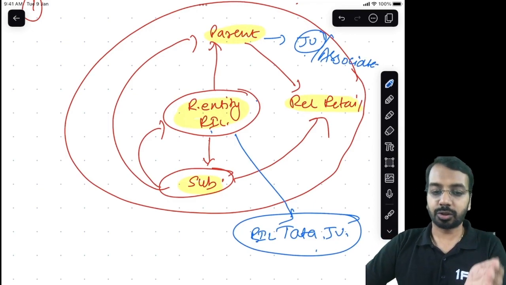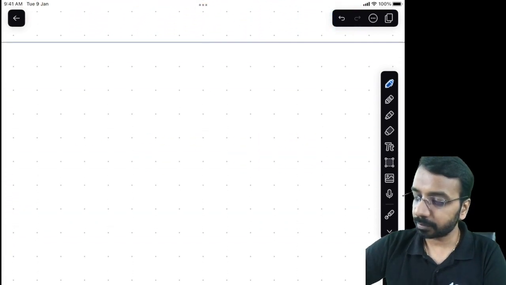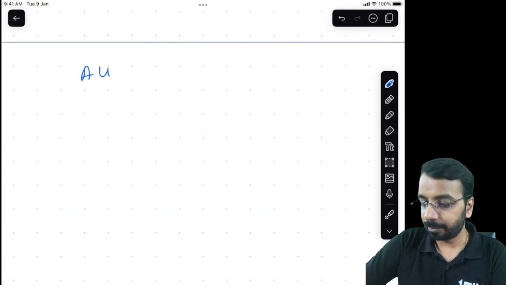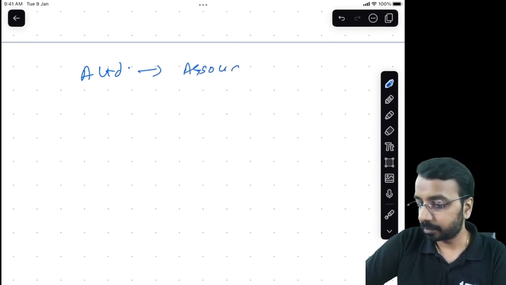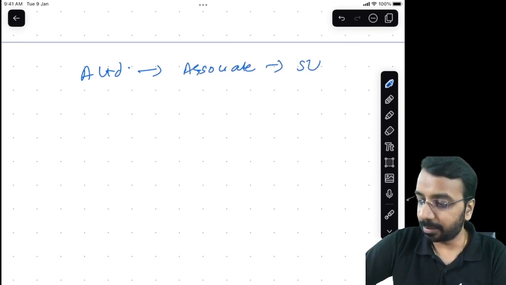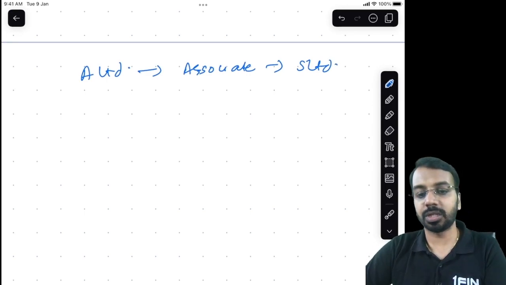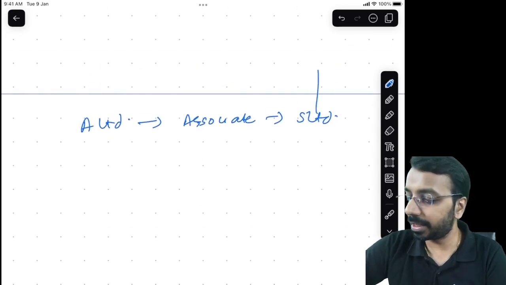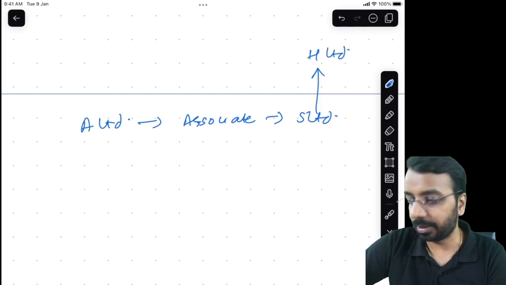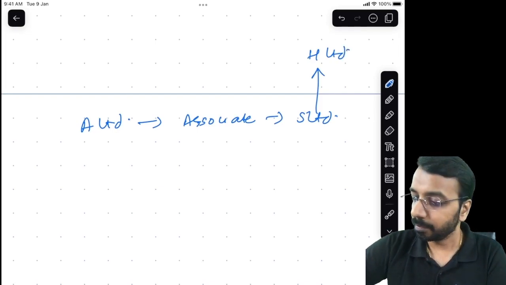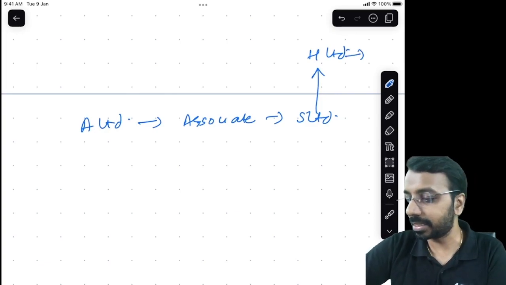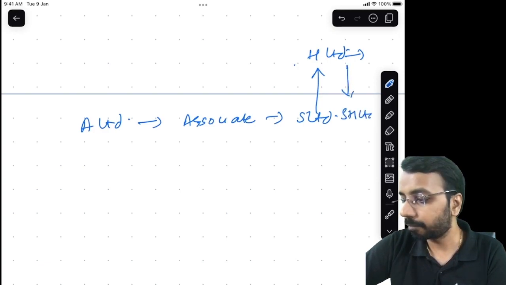Okay. So just to give you one more example, let us say we have A Limited. A Limited is an associate of S Limited. S Limited is a subsidiary of H Limited, and SS Limited is another subsidiary of H Limited. Okay.